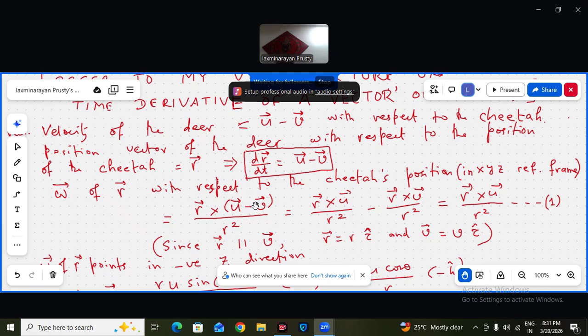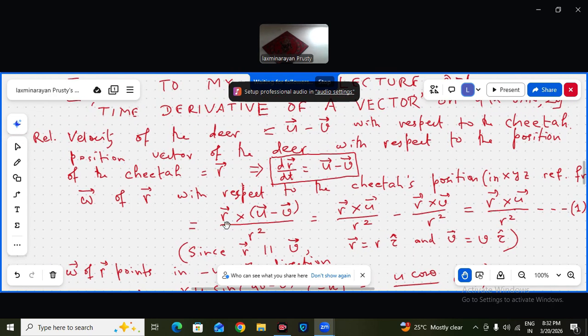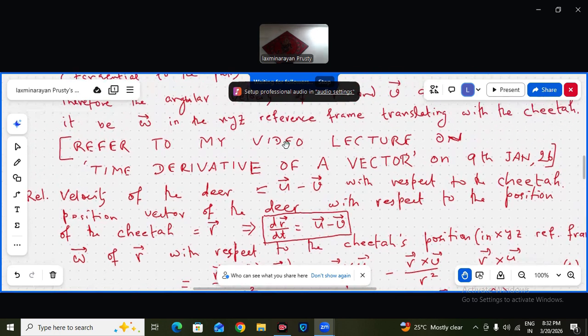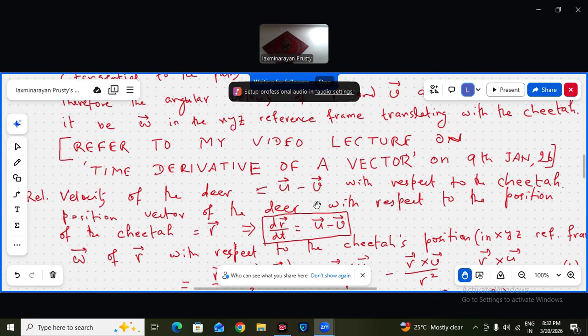And the angular velocity of r bar with respect to cheetah's position xyz, how much will it be? R bar is the relative position vector of deer with respect to cheetah, cross relative velocity, divided by r square. You can refer to the video lecture on time derivative of a vector.